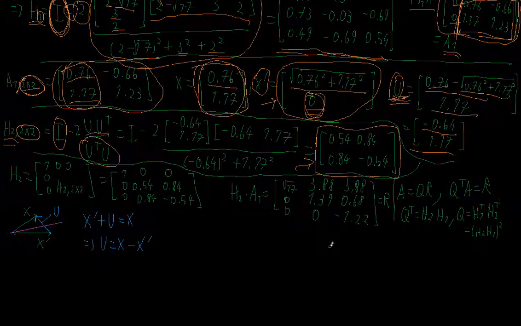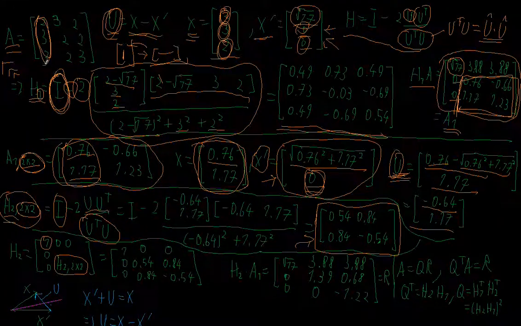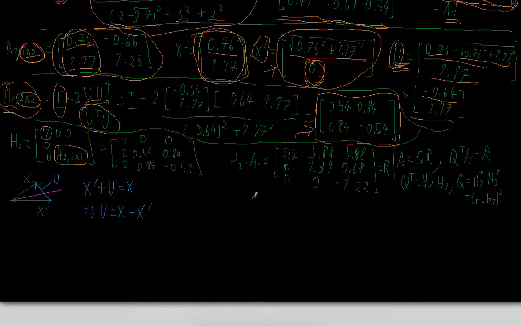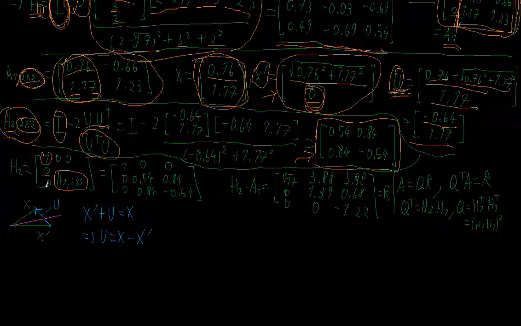So now, to multiply it with A, we need to have the same number of dimensions. So what we do, as in the other videos, is we plug our 2 by 2 Householder transformation that we found inside, and we fill everything else with zeros outside the diagonal and ones inside the diagonal. Here A is originally a 3 by 3 matrix, so we only need to do it once. So we put in zeros here and the 1 here in the diagonal.